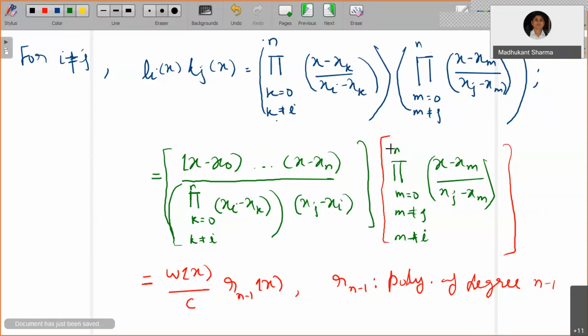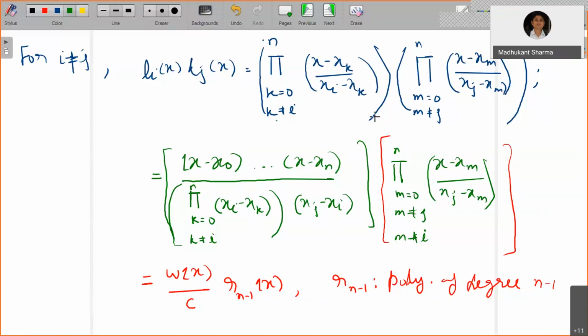And what is remaining now is the product over m equals 0 to n, m not equal to j and m also not equal to i. So how many factors are here? Total factors are now n minus 1. Earlier there were n factors, because one term was deleted, m not equal to j.